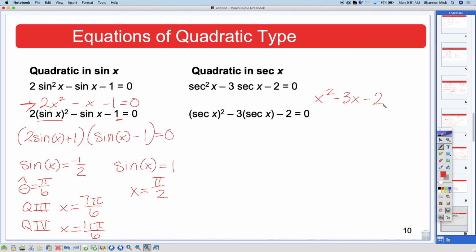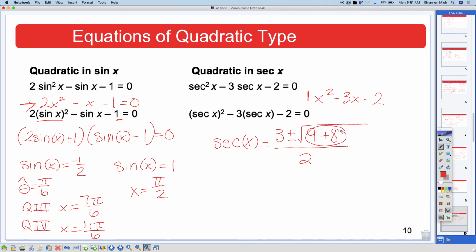So a is 1, yes? So it's going to be secant of x equals negative b, 3, plus or minus the square root of b squared, so 9, minus 4 times a times c, so 8, all over 2a.